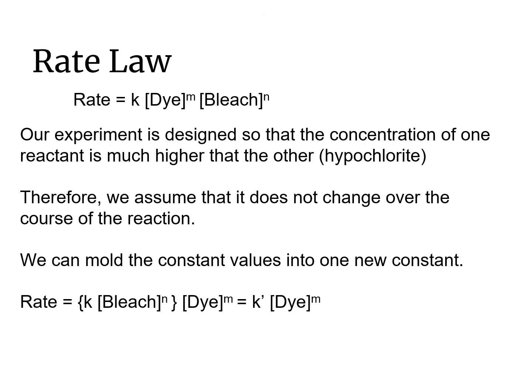And so looking at the two reactants that we are going to deal with in this experiment, we have dye and we also have bleach. Dye is designed to absorb light and to produce an intense color because it has a lot of double bonds on adjacent atoms.